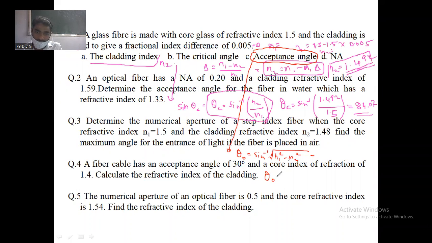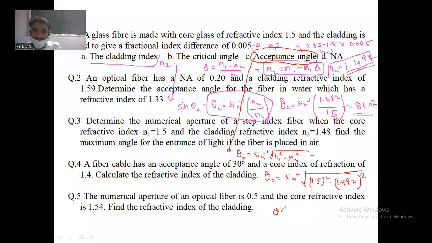Theta 0 is equal to sine inverse into square root of 1.5 square minus 1.492 square.